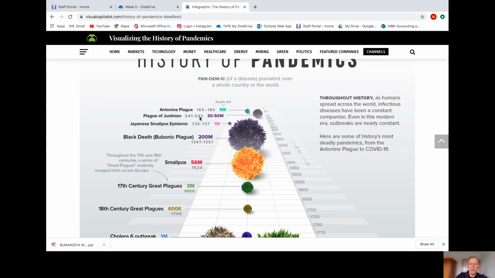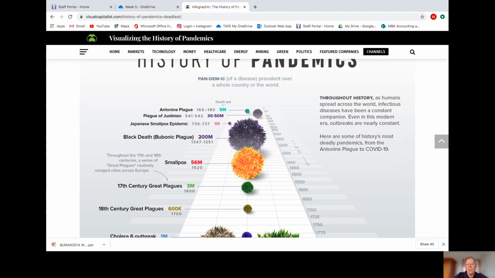In 541 to 542 AD, 30 to 50 million people, a third of the world's population, wiped out by this particular plague. The bubonic plague in 1347 to 1351, massive, 200 million people.